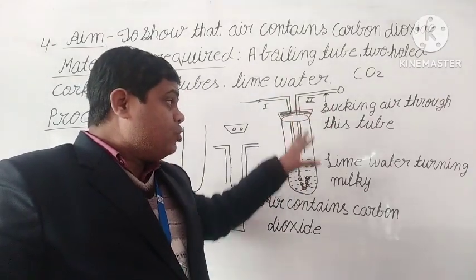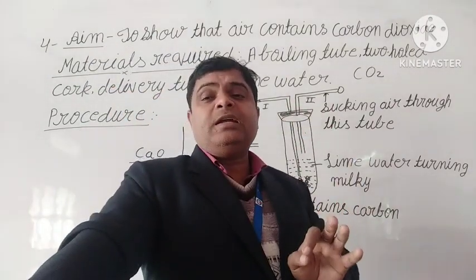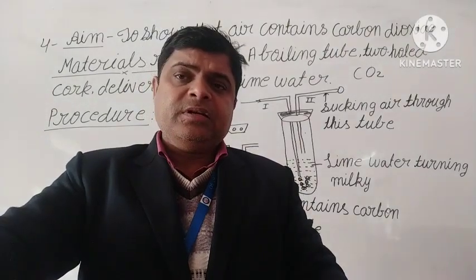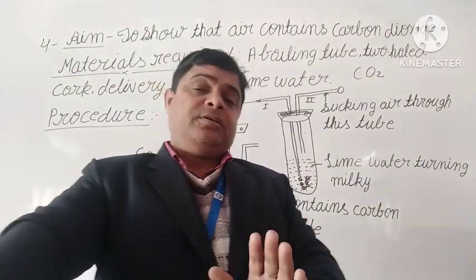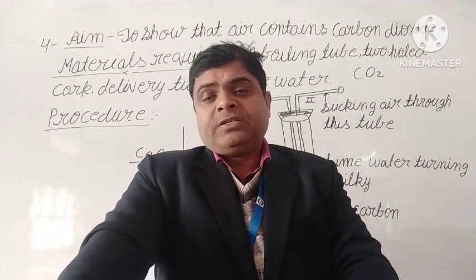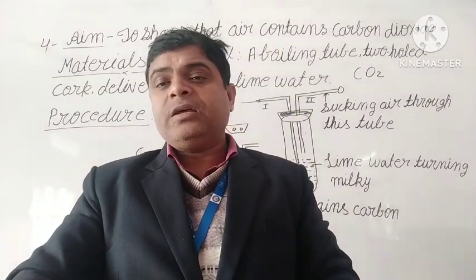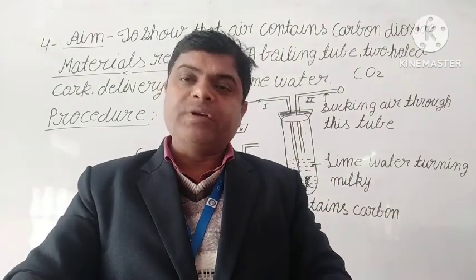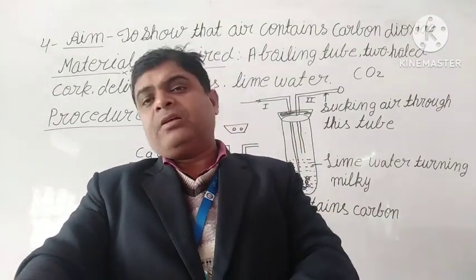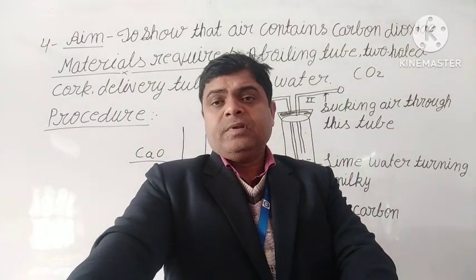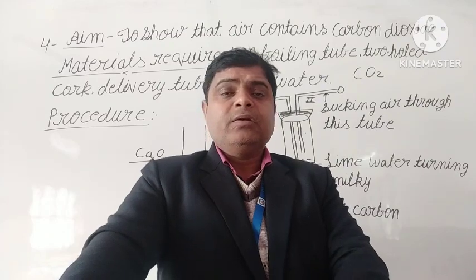And after that, what does it show? It shows that our air contains carbon dioxide. Clear? Because, students, listen, it is one property of carbon dioxide. When carbon dioxide reacts with lime water, it turns milky, in only one condition. If the lime water reacts with other gases, it does not turn milky. Only one condition. What?